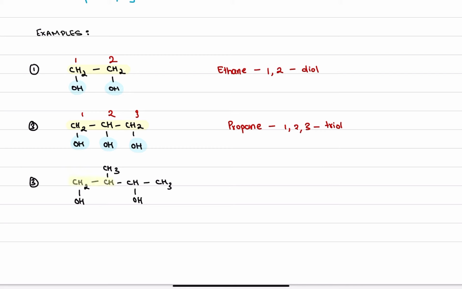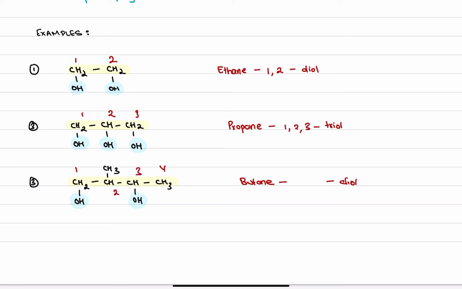So we have 1, 2, 3, 4 carbons attached. And because there are 4 carbons attached, we can say that this is butane. And how many OH do we have? We have basically 1 and 2. So we have 2 OH, and that's why I'm going to call it a diol. Now, on which carbons? I label this as 1, 2, 3, and 4.